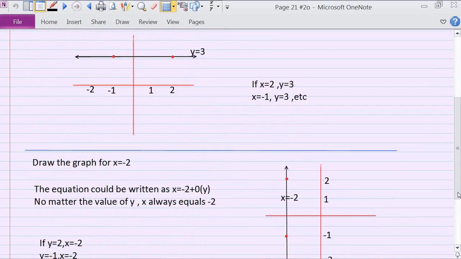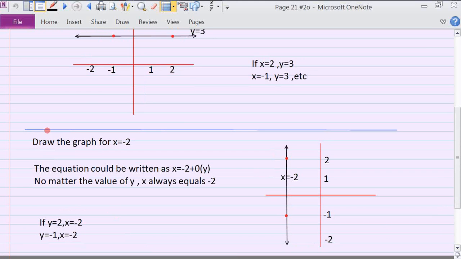Now, just as a bit of additional information, supposing you were asked to draw the graph for x equals minus 2. So the equation could be written as x equals minus 2 plus 0 times y. Because no matter what value of y, x always equals minus 2. So here's the origin.